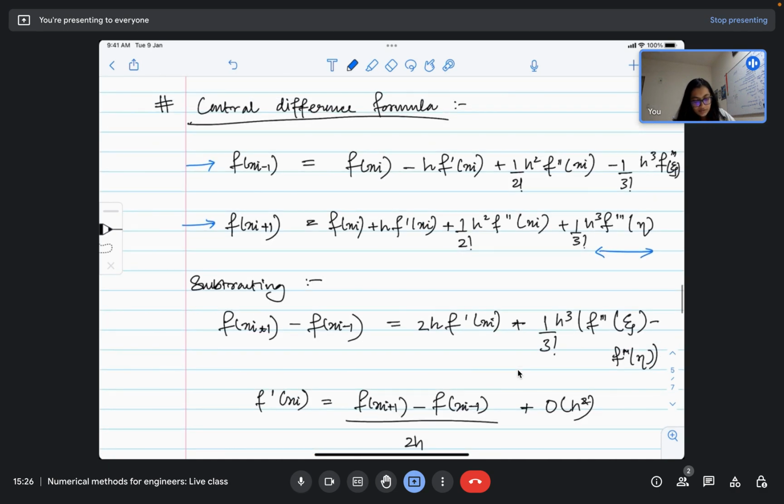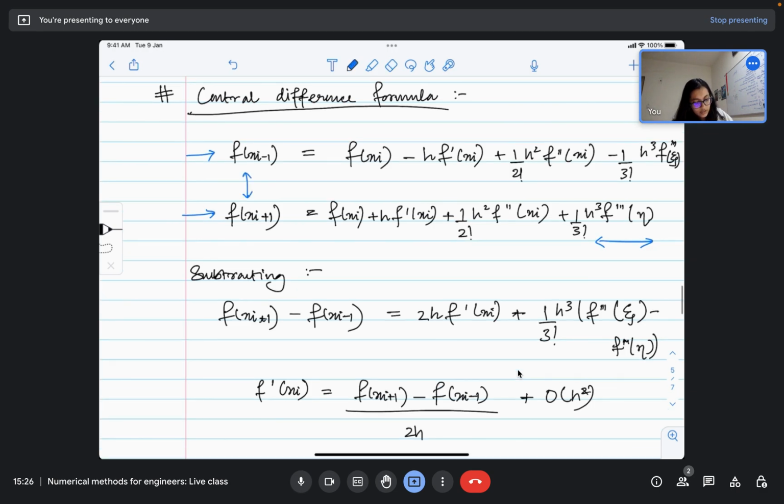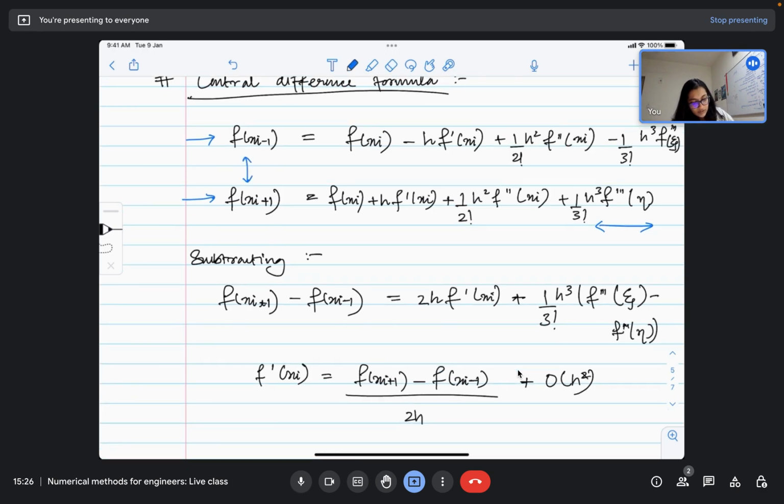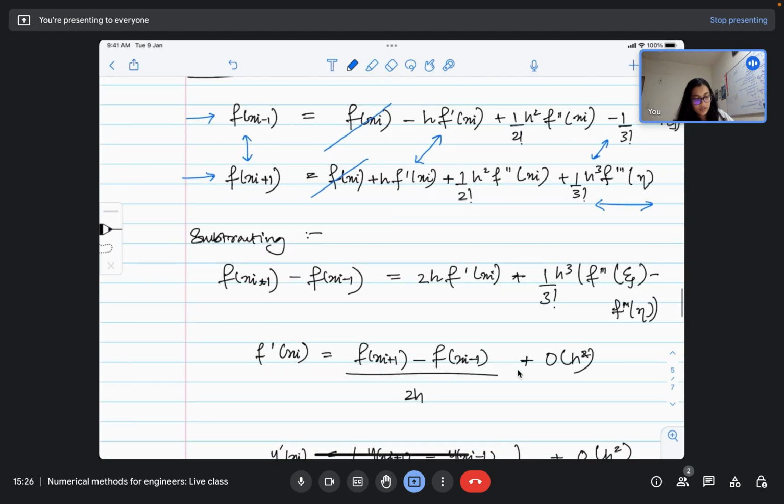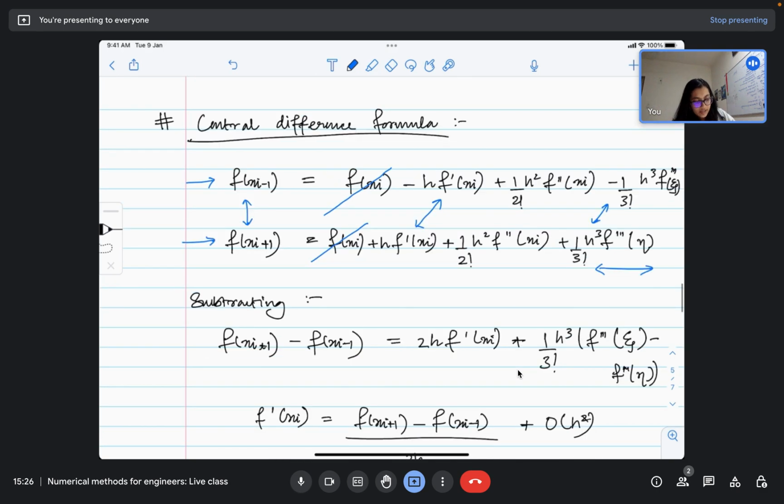In the case of central difference, what we basically do is, after writing it, we subtract these two. Okay. And then when we subtract these two, these are the two terms that will vanish, and these are the two terms that will be added. Whichever is minus will become minus minus plus, so this will be added, this will be added. Okay. In the case of the central difference formula, we are considering up to this level and ignoring all other higher order terms.